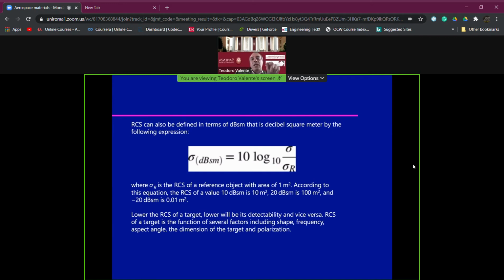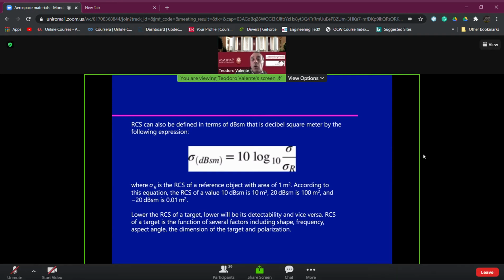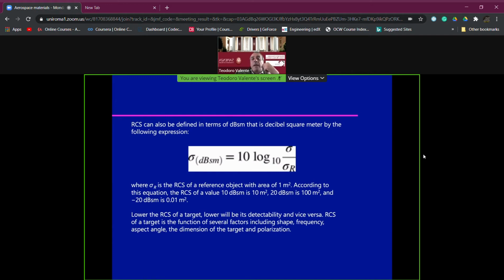And so according to this equation, a radar cross-section having a value of 10 decibel square meter is 10 square meter, 20 decibel square meter is 100 square meter, and for example, minus 20 decibel square meter is 0.01 square meter. And the lower the value of the radar cross-section of the materials itself, the lower the detectability of the flying object.